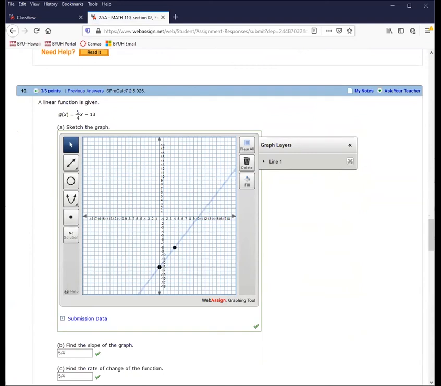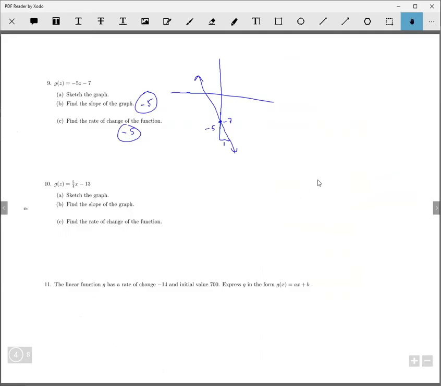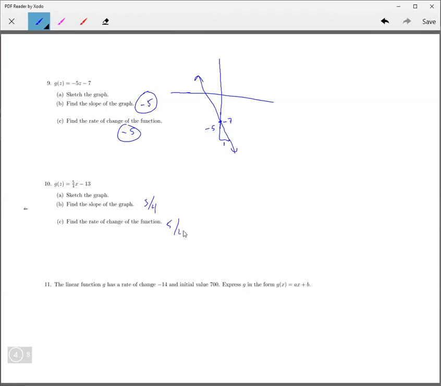Okay, let's go back over to the other document. Again, we did the sketch on WebAssign, and the slope and the constant rate of change is 5/4. Number 11. The linear function g has a rate of change of -14.